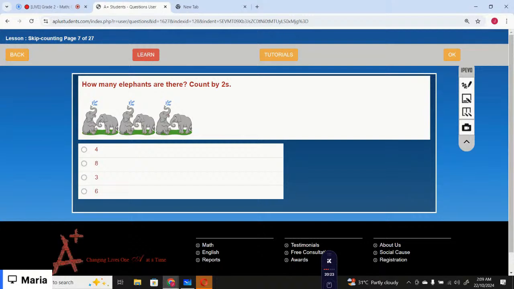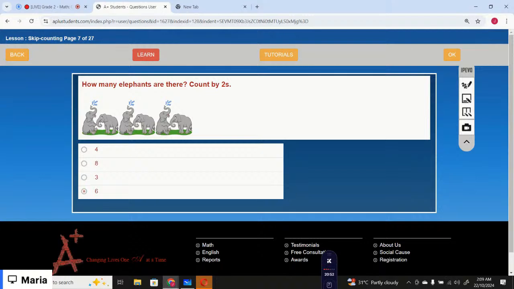How many elephants are there? Count by 2. So, which is the correct option? Very good.